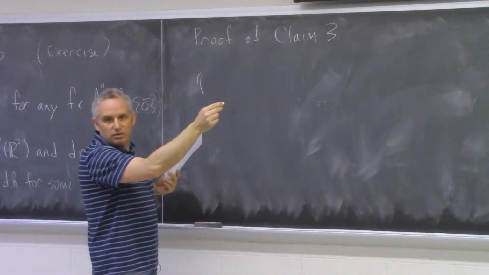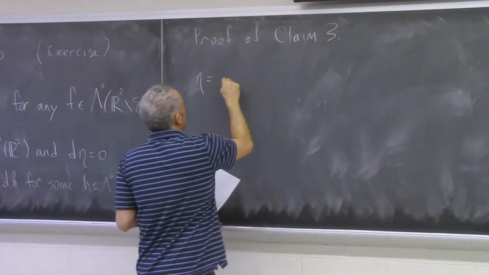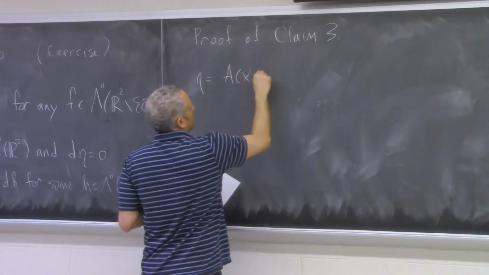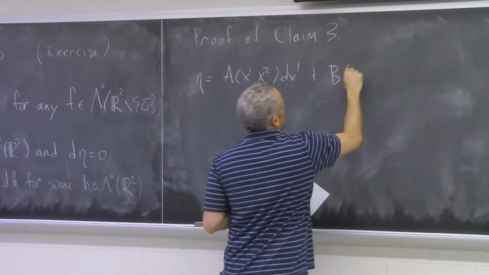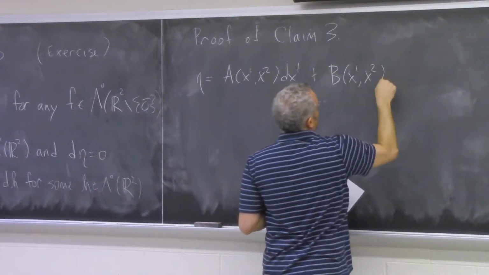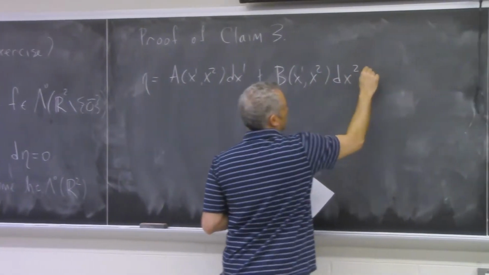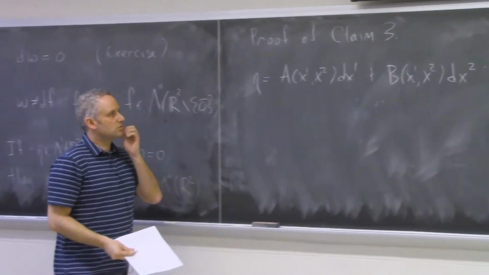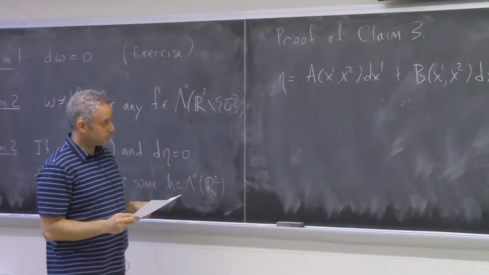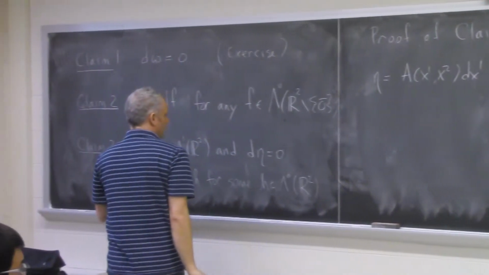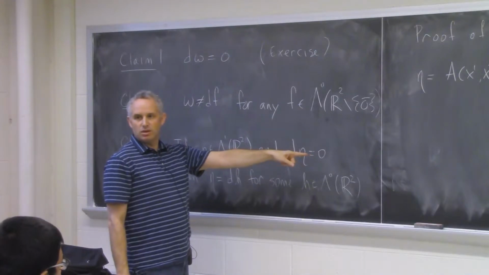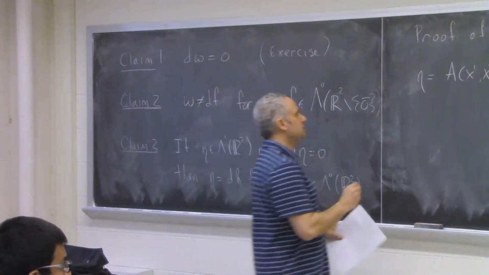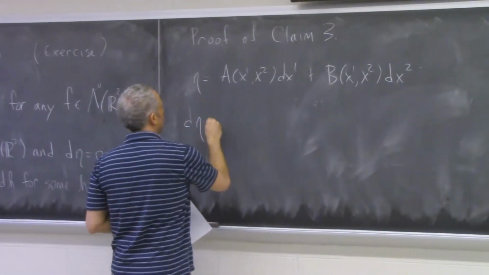We know what it looks like, right? It's some function, let's say a of x1, x2, dx1 plus b of x1, x2, dx2. And we want to assume that d eta equals 0. Right? So let's see what that looks like. Let's take d of eta.